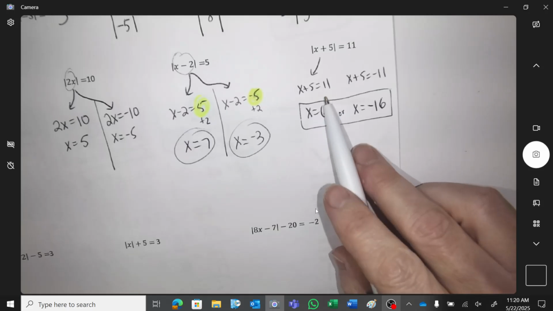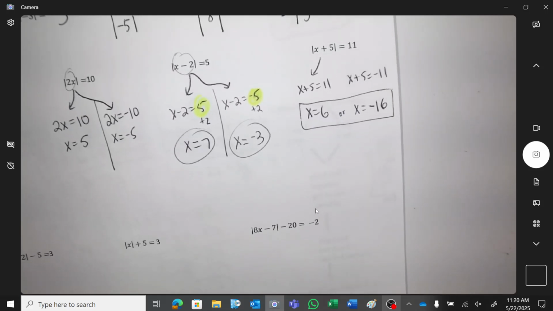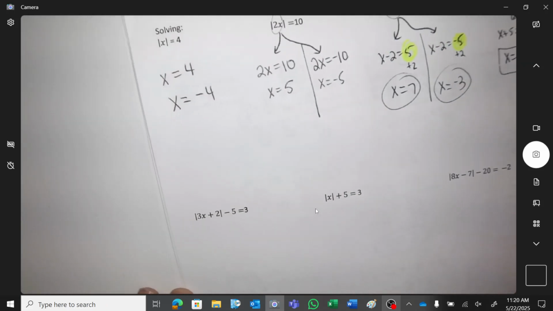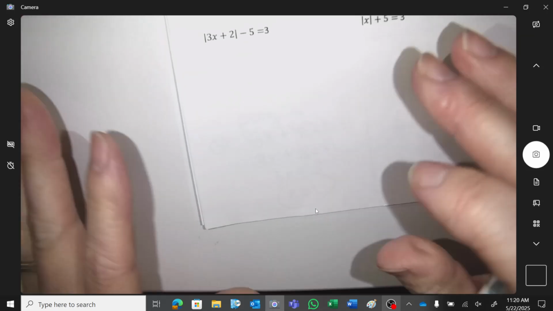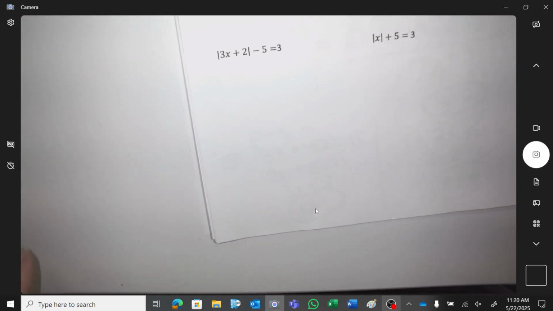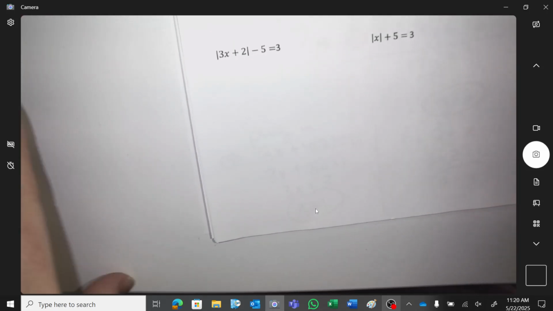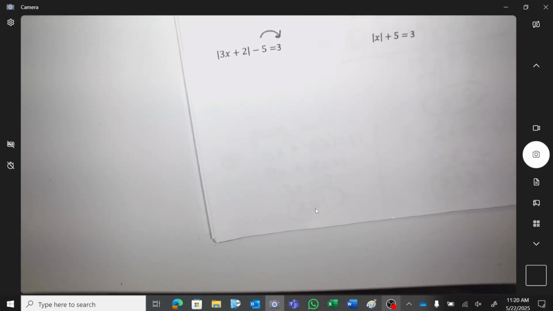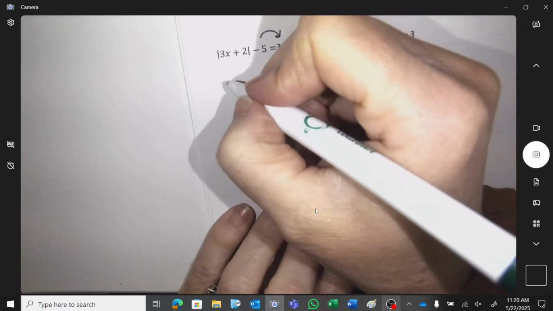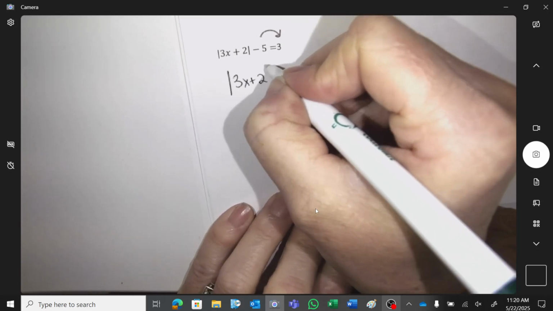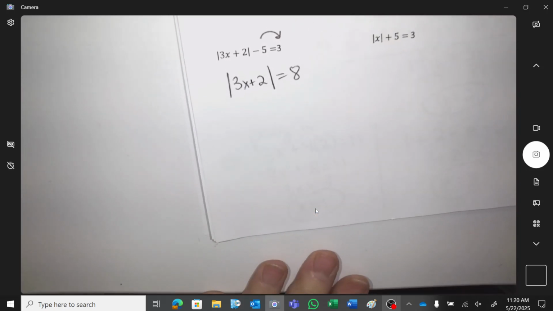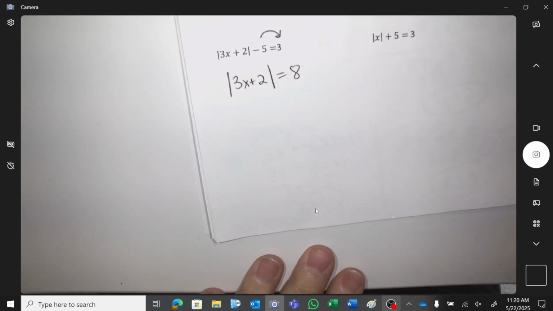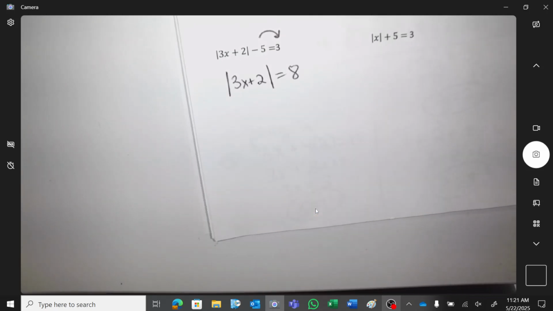Okay, did we work out 6 and -16? Okay, on this one, you cannot split this right now, okay? Algebraically, we want to remove that before we split. Also I need to see that you've kept your brackets on there until you split, okay?